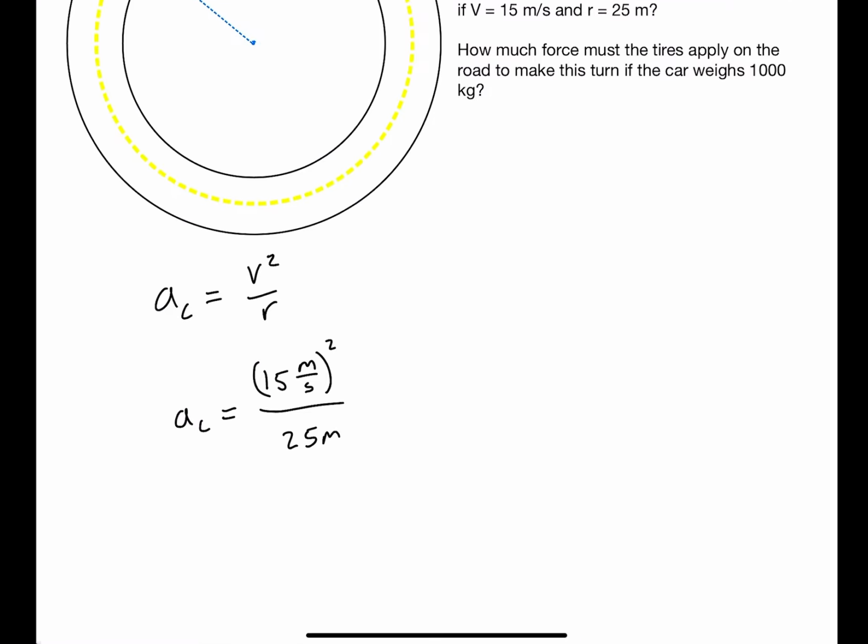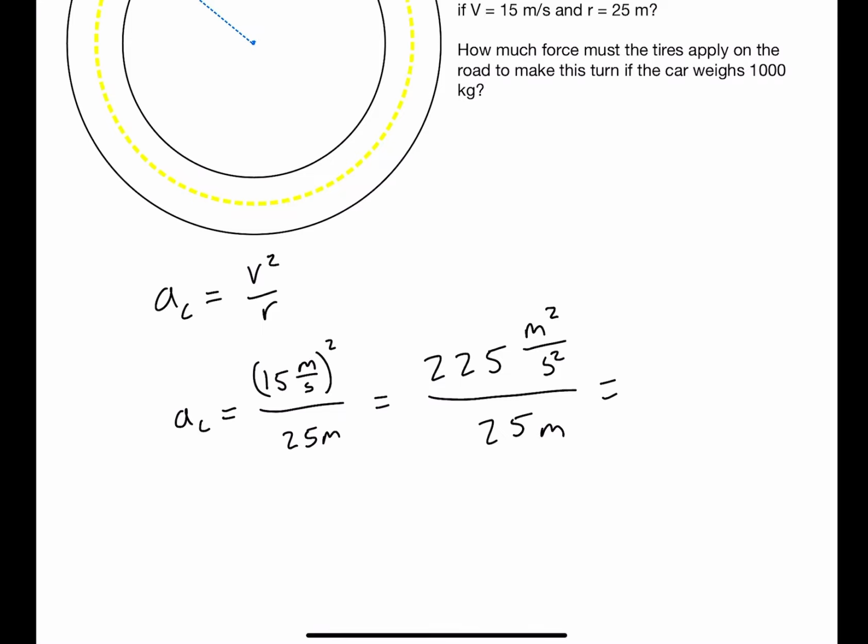So 15 times 15 is 225. So this is going to equal 225. Now we can just do this numerically, but just to show, we're going to have meters squared per second squared divided by 25 meters.